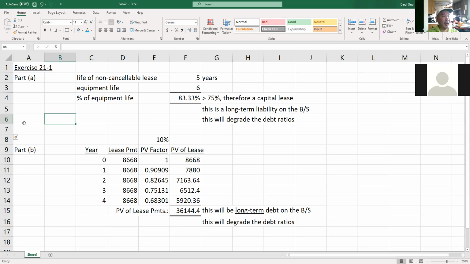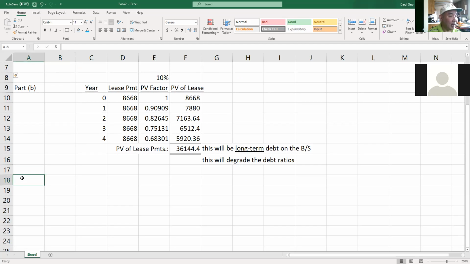All right. Now, so that's part B. Let me look at what do we have to do next? Okay, so what type of lease is this? Capital lease. Question B, compute the present value. Number C, all the journal entries to January 1st, 2018. Okay, so here we go.